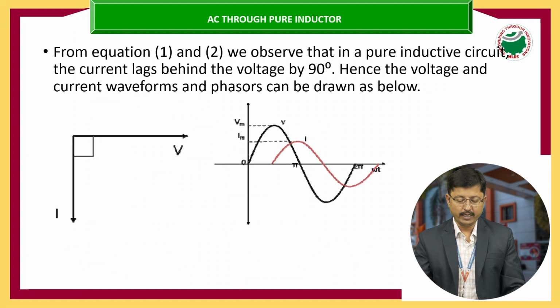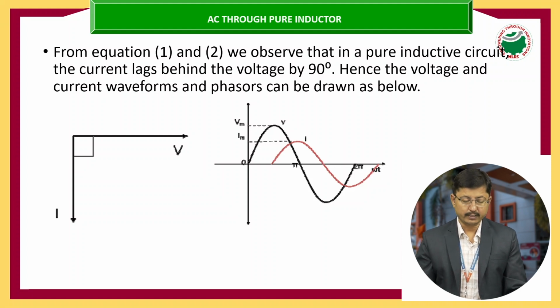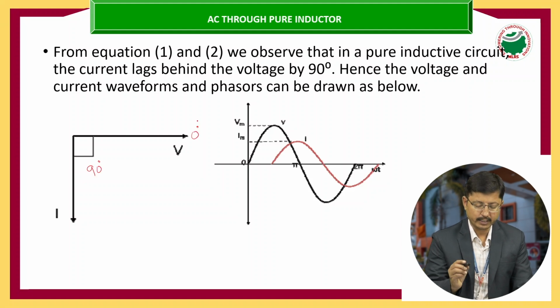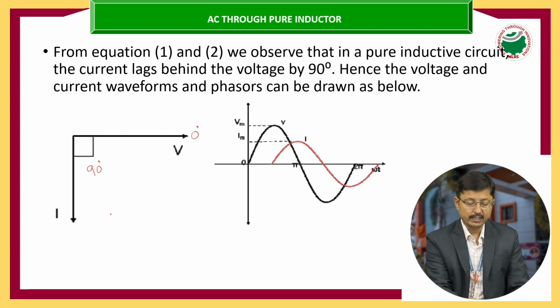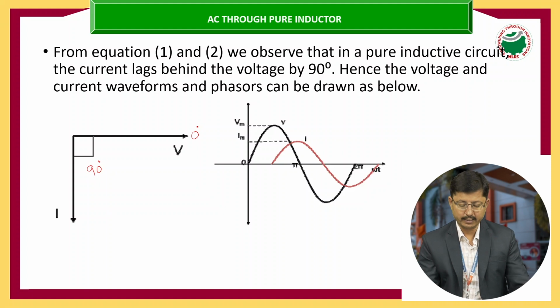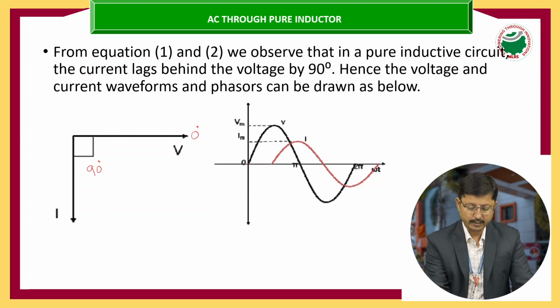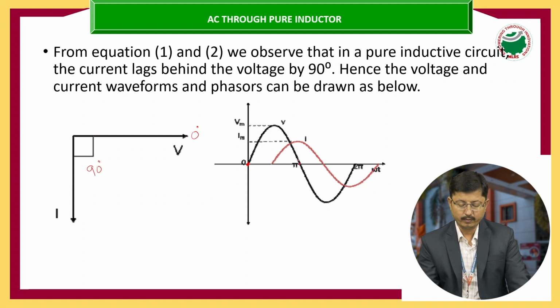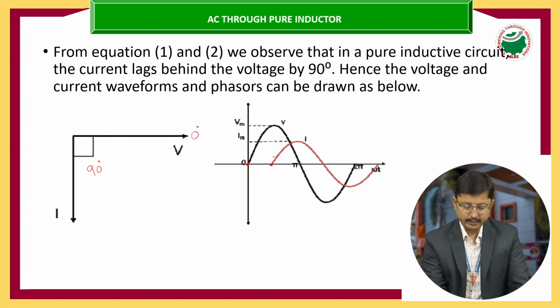From equations 1 and 2 we can observe, for the pure inductive circuit, that the current I lags the voltage by an angle of 90 degrees. The voltage starts at 0 degrees, and after 90 degrees the current starts. In the waveform, the voltage starts at 0 degrees, attains the maximum value, then the minimum, and returns to 0 at omega t equals 2 pi radians.